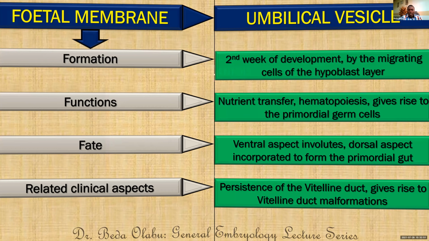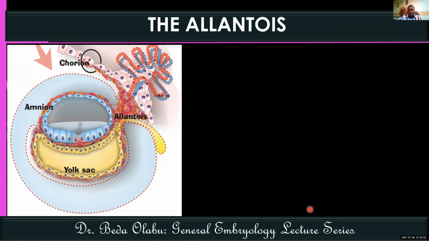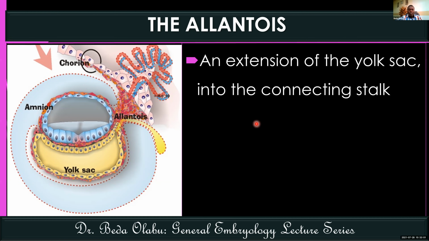We can now pick the 3rd fetal membrane. The 3rd fetal membrane we want to talk about is the allantois. In terms of formation, allantois is just an extension of the yolk sac into the connecting stalk. It's an extension of the yolk sac into the future connecting stalk.